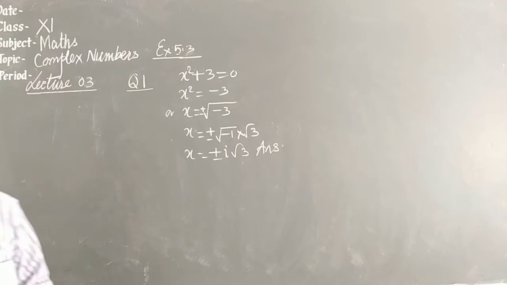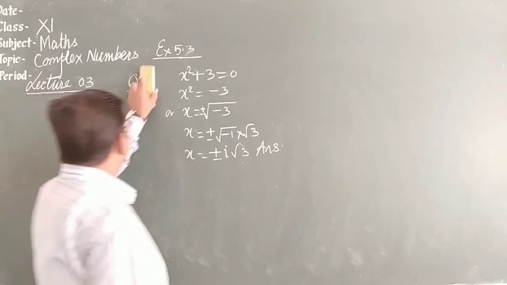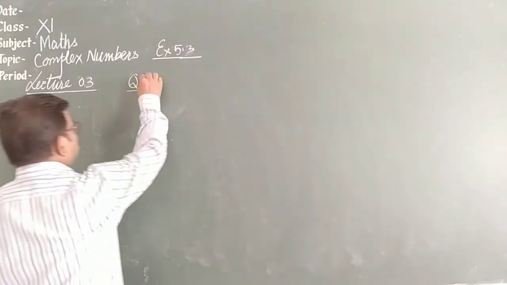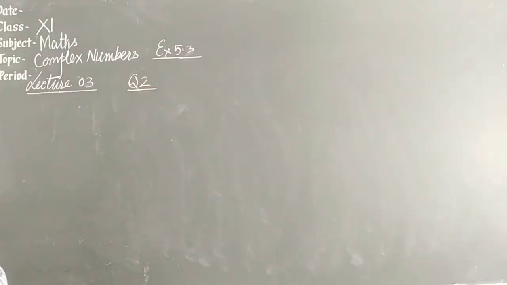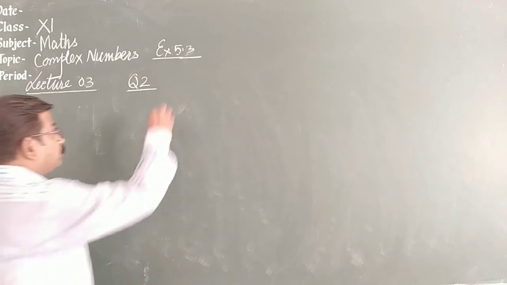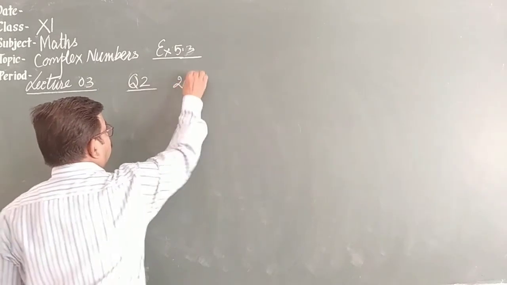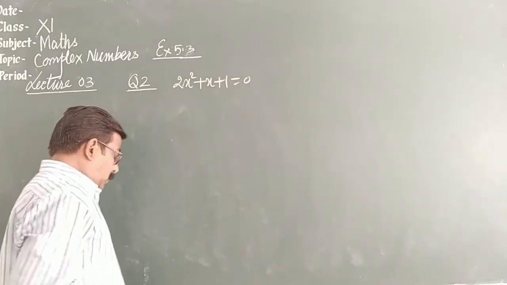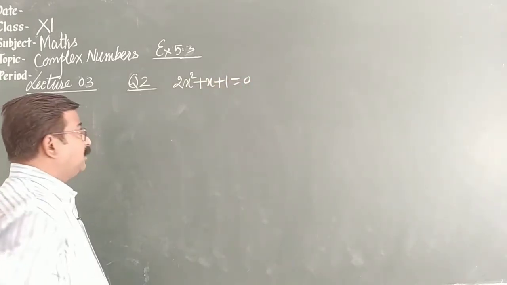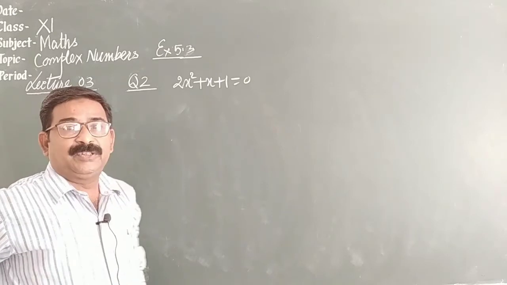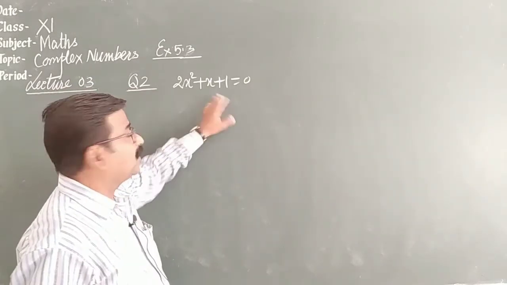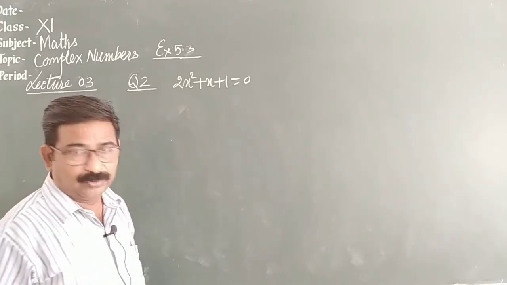Question number 2, we are given 2x square plus x plus 1 is equal to 0. Now let's see, this can be solved by quadratic formula, because splitting the middle term or any other method cannot be used.